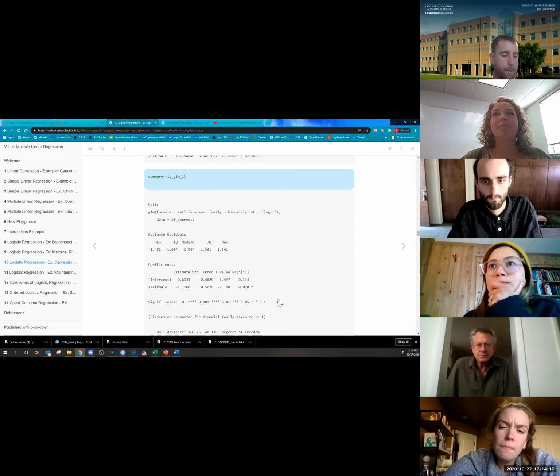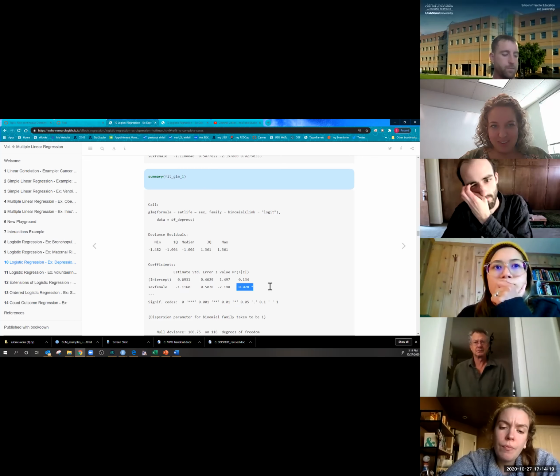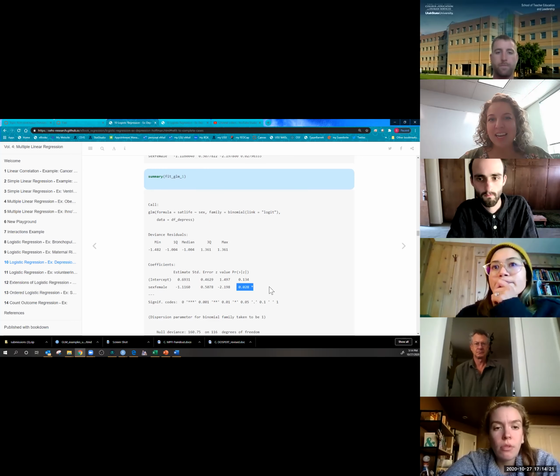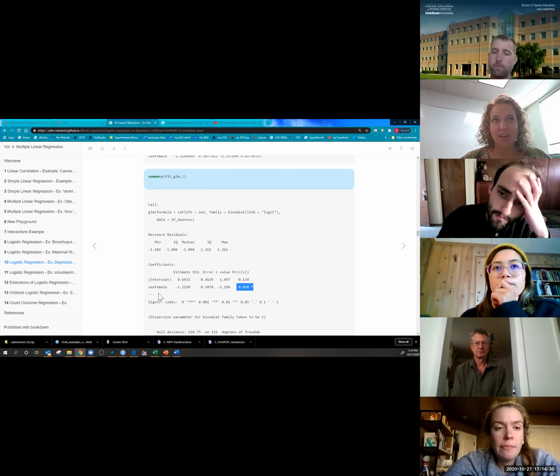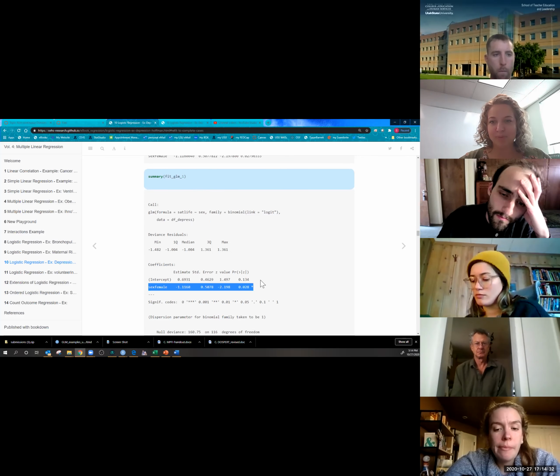Let me scroll up. In an unadjusted odds ratio, that p-value, you can think of it as comparing the probabilities in the two groups, men and women. That's what sex is doing.